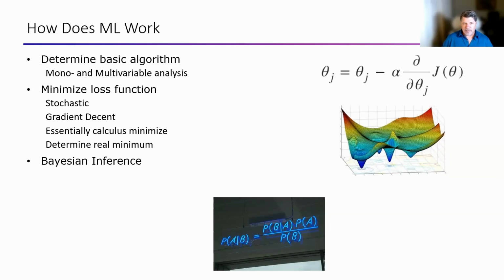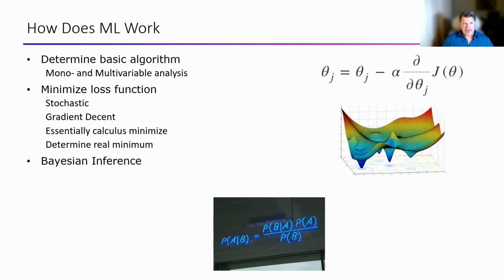But for the other algorithms within machine learning, and this is most of the other machine learning that you may have heard of, including some of what goes on with the large language models like ChatGPT, they're using some of these techniques under the covers in various combinations to do the ML work they need to do. So one of the first things we have to do is pick the algorithm we're going to use.